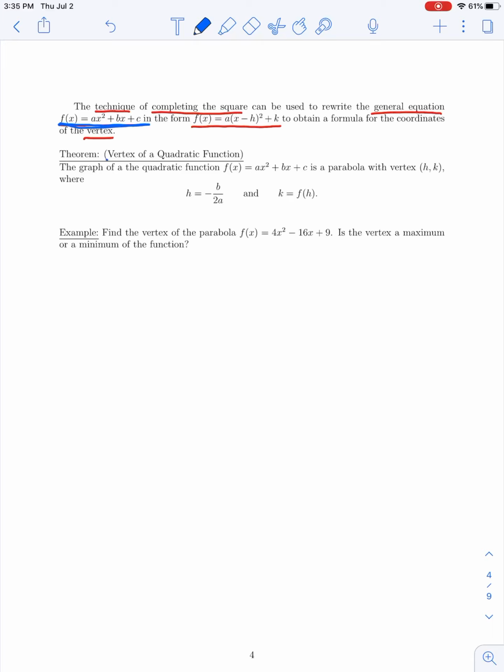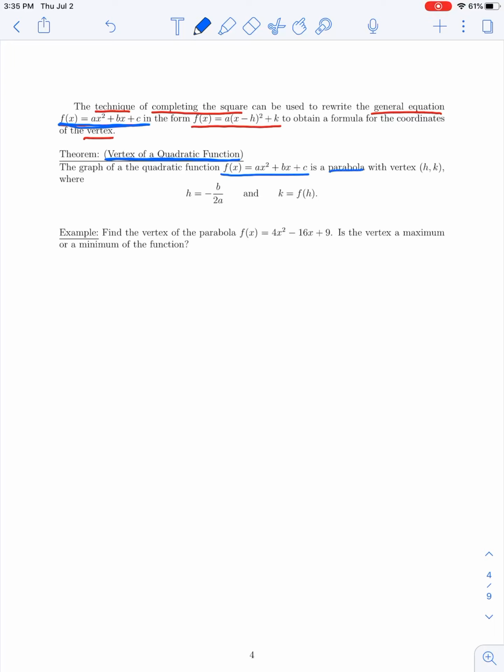So if we do that, we get the following result, which is a formula for the vertex of a quadratic function, which is not written in standard form. So here, let's say we have the function ax squared plus bx plus c.